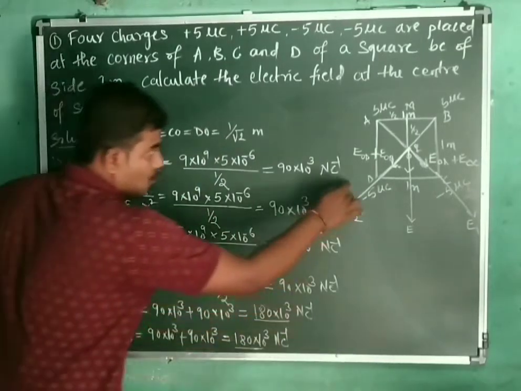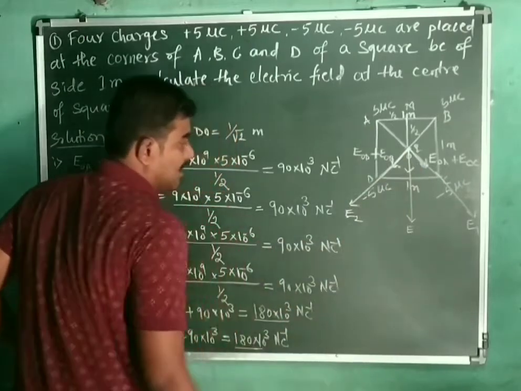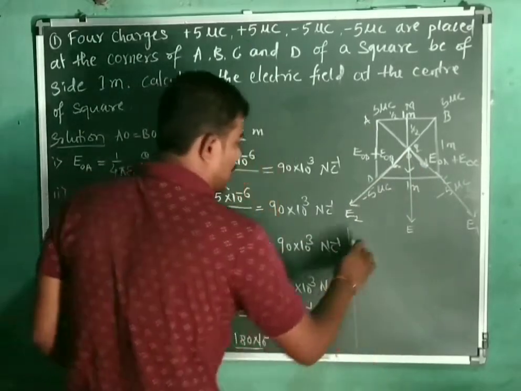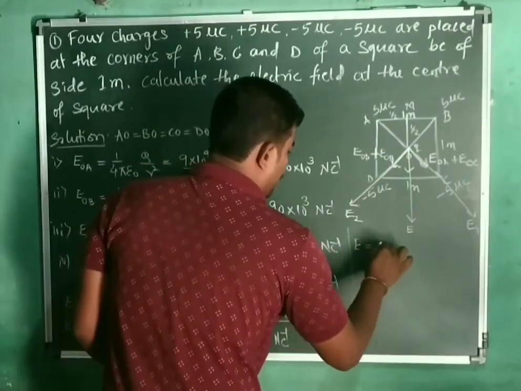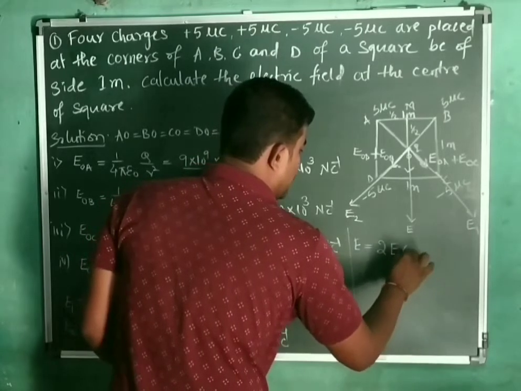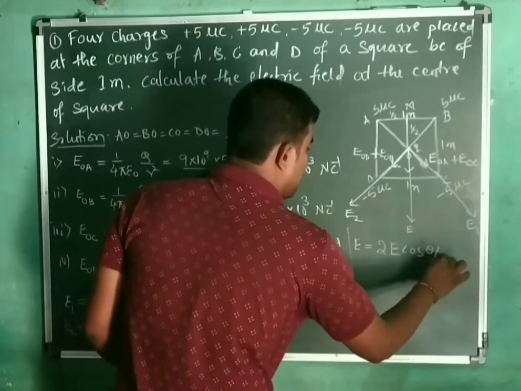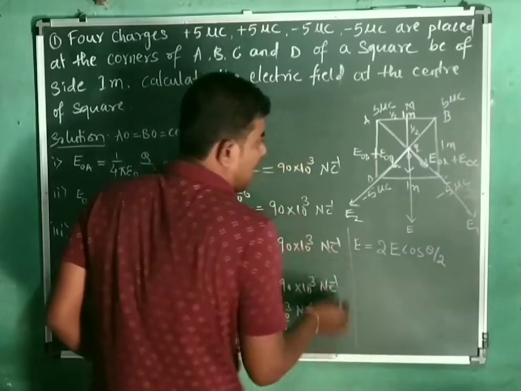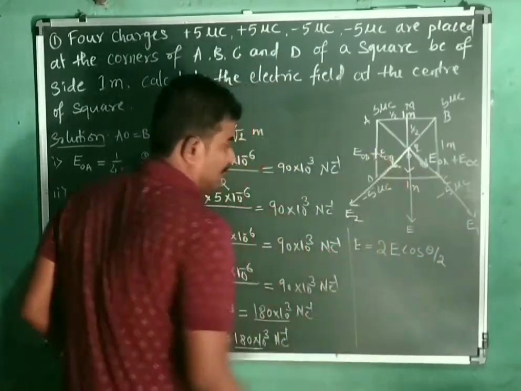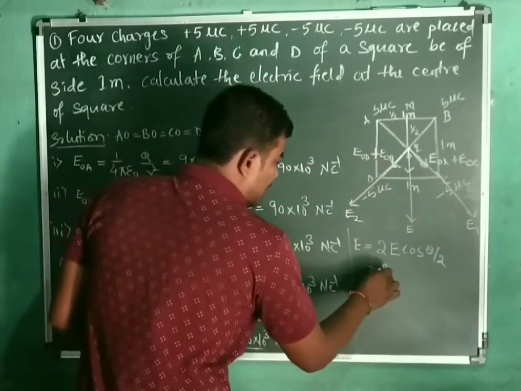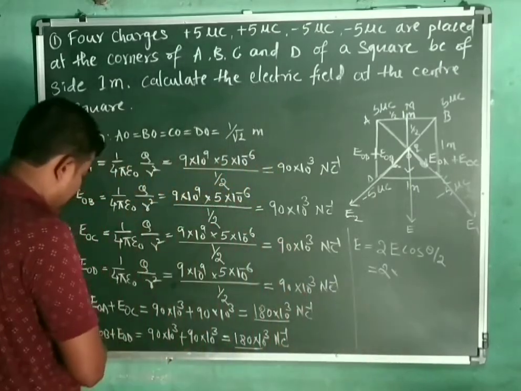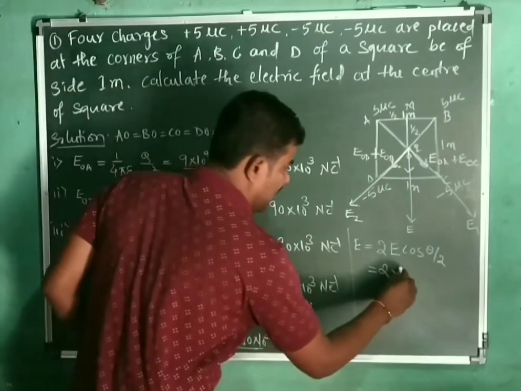If two components have the same magnitude, then the resultant can be calculated with the help of this formula: E is equal to 2E cos(theta divided by 2), where theta is the angle between the two components. This E is either E1 or E2 because both have the same magnitude.